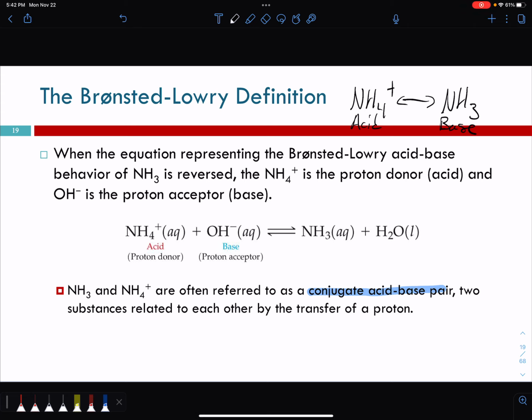Generally, I think always, the reactant side is going to be your acid and your base. On the opposite side, NH3 here is the conjugate base, and H2O is the conjugate acid.